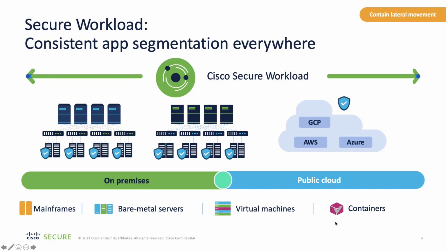For those of you that know Cisco firewalls, but not our Secure Workload capability, understand that it's available both as an on-prem and SaaS service. The SaaS service is a great way to realize value rapidly. Secure Workload works across your on-prem and public cloud environments. It also operates on mainframes, bare metal, VMs, containers.